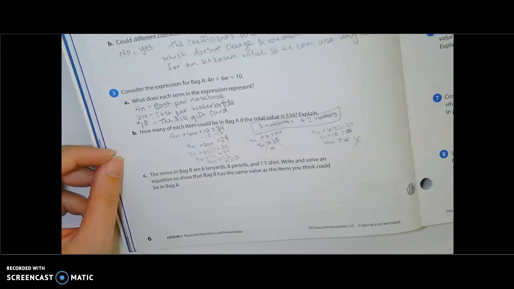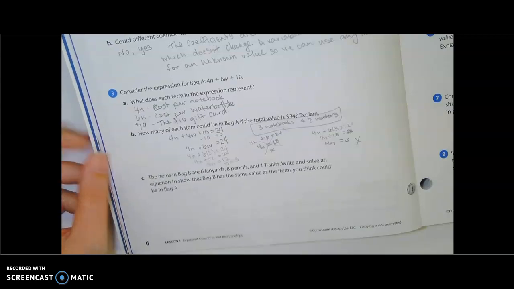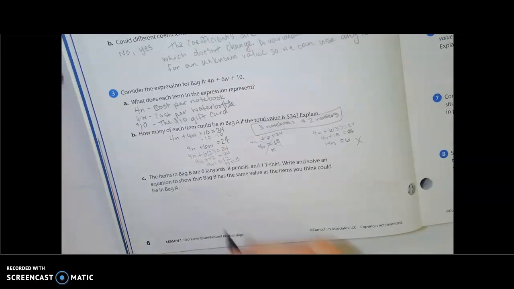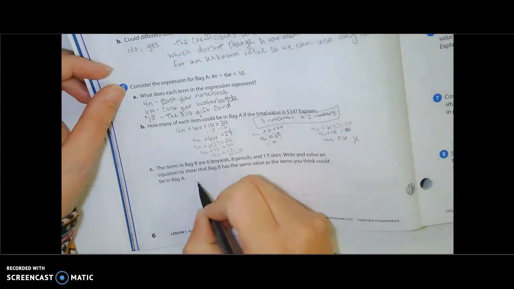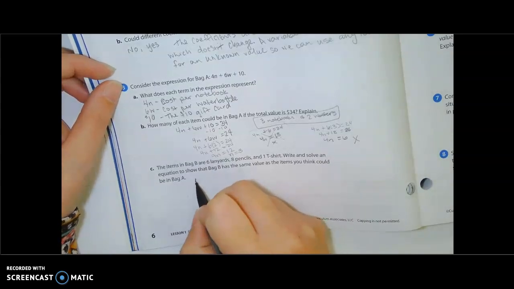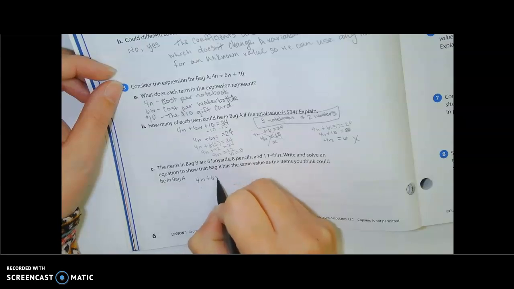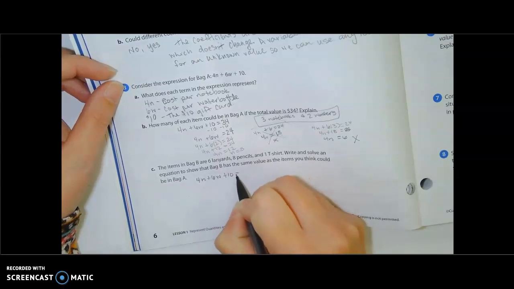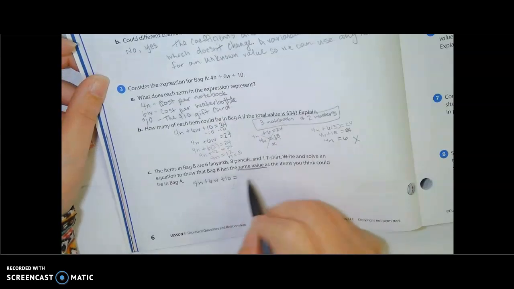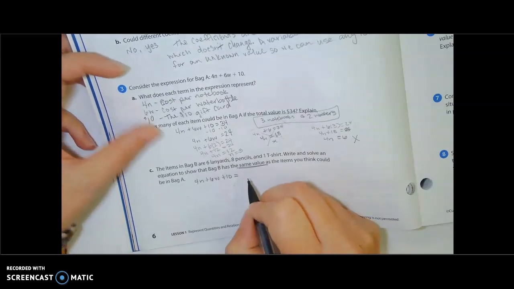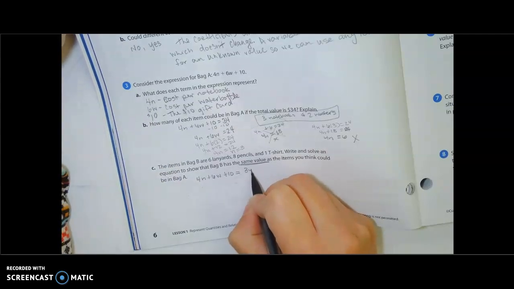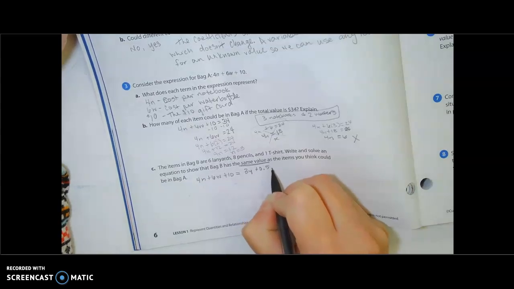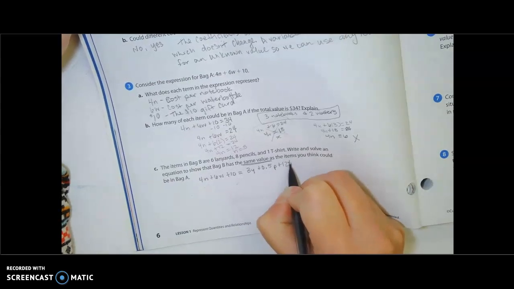Write and solve an equation to show that bag B has the same value as the items you think could be in bag A. The equation would be bag A, 4N plus 6W plus 10, and we set it equal to bag B because we want the same value. Bag B was 3y plus 0.5p plus 12t. That's the equation we're going with.